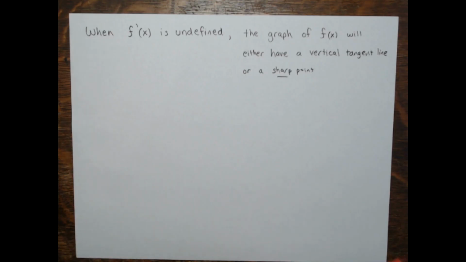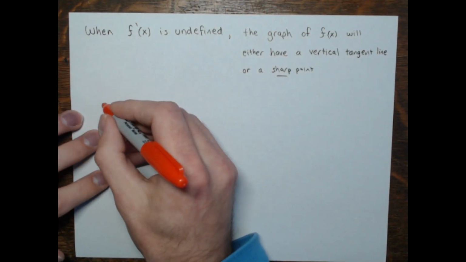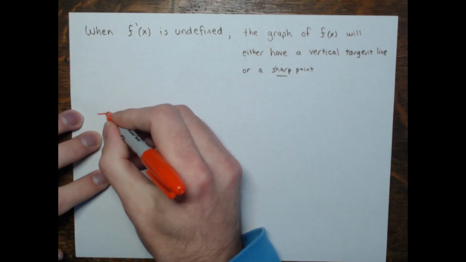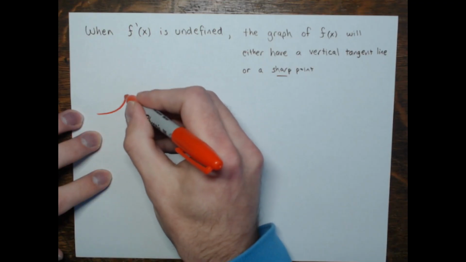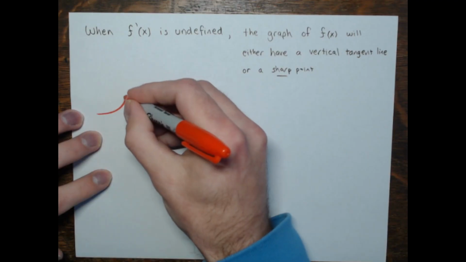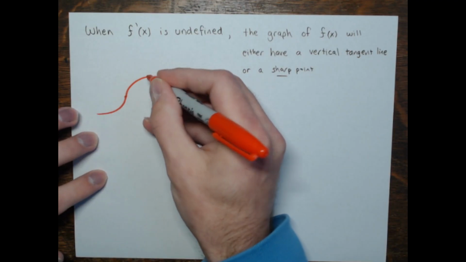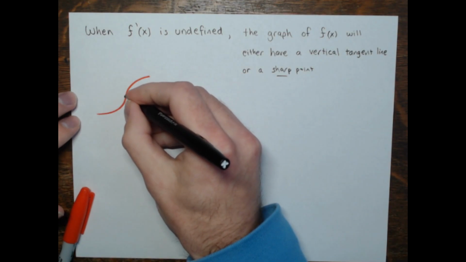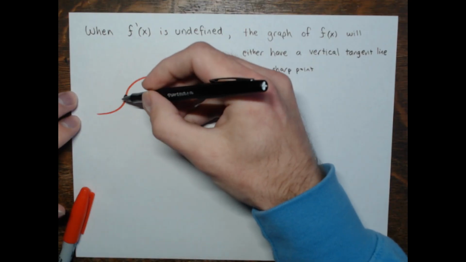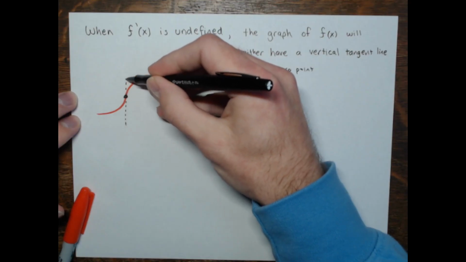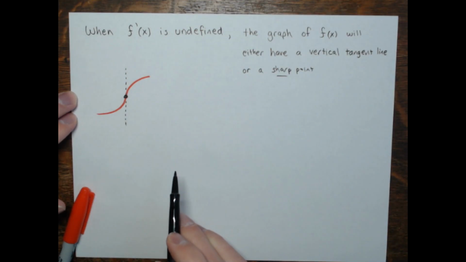So here's what I mean by that. With the vertical tangent lines, you could have a graph that's increasing and then at a point kind of straightens out vertically and then maybe continues to increase, right? Like in your cube root function at zero, I've got a vertical tangent line at this point.